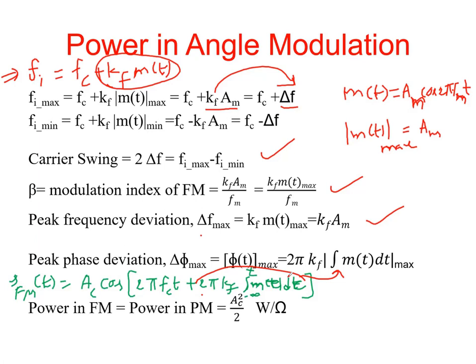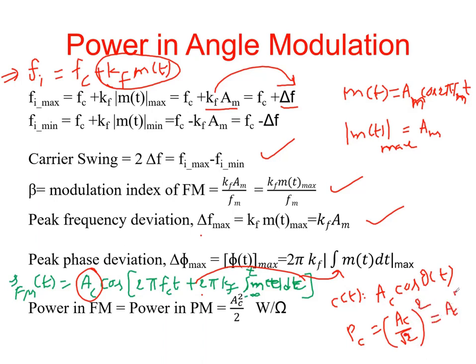For the power you are looking only at the amplitude, which is Ac, and you know from the basic equation that whenever you have an equation like c of t equal to Ac cos theta of t, then the power in this signal is the square of the RMS value. The RMS value of any cosine signal is Ac by root 2, so the square of the RMS value will become Ac square by 2.